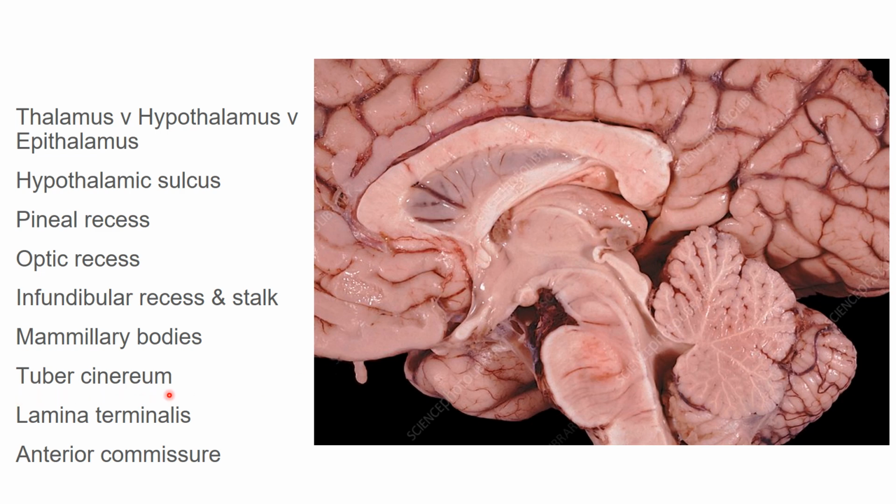Your tuber cinereum is a bump that isn't super easily appreciated, so you need to just know the location of this. The tuber cinereum is going to be right posterior to the optic chiasm, and it's going to be continuous with the infundibular stalk. So on this cross-section, it looks like it's going to be about right here. The way you would see this bump best is on the bottom of the brain. If you flip it over, you can see a little bump, but it's going to be right in this location.